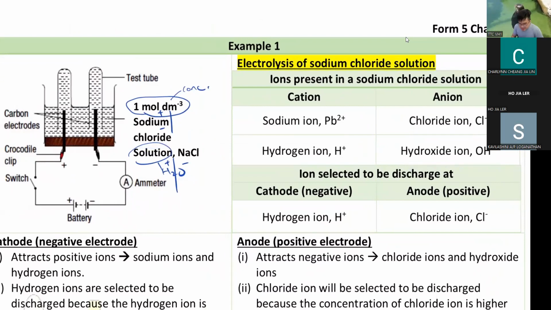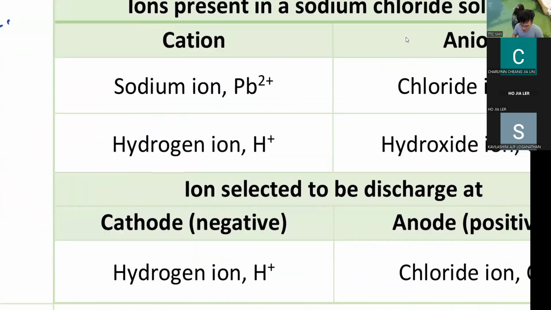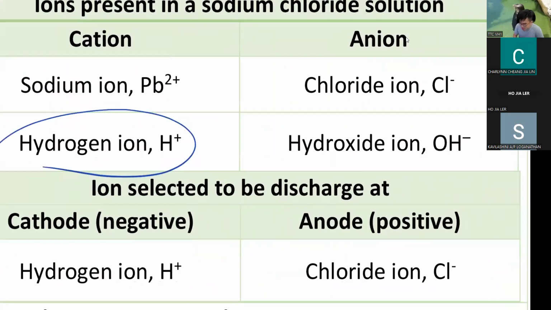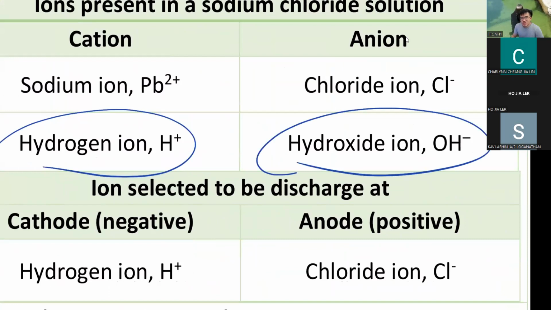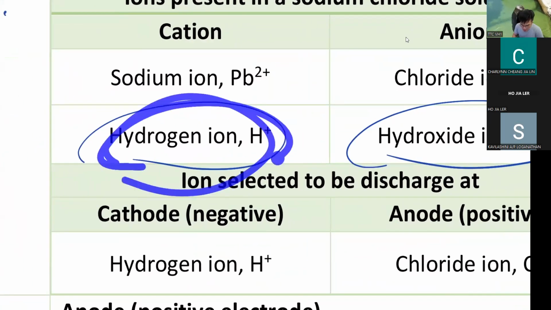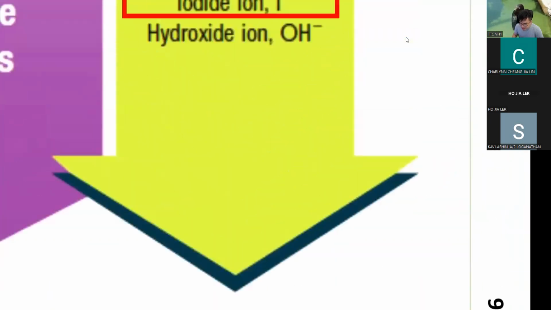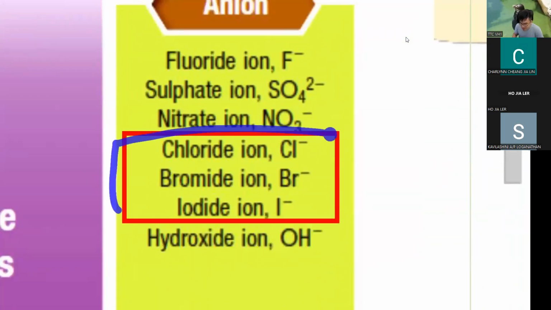So when they say concentrated, when they say 1 mole decimeter cube, there's a slight change in the rule. Usually we choose the ugliest guy and the ugliest girl. But in situation two, for the guys we keep choosing the ugly one, but for the girls, we choose those in the red color box.